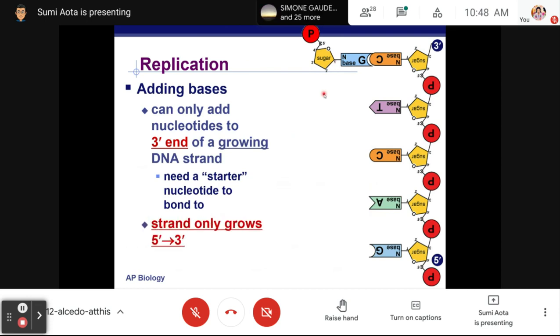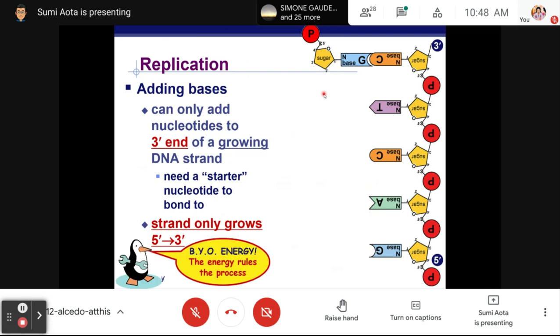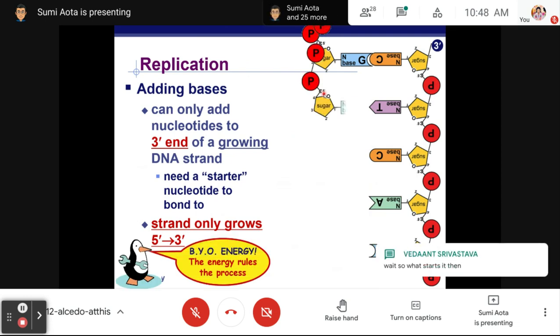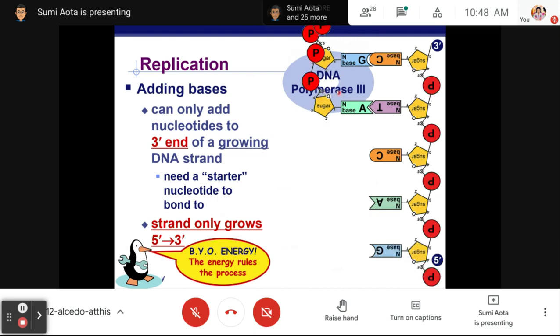Okay? So the strand goes from the 5 end to the 3 end. So there's DNA poly 3. And note, right, this is the 3 end of the sugar. This is the 5 end of the incoming phosphate. Note where the 2 phosphates that are going to come off are. We'll get there. The phosphate breaks off, okay, and you create a bond.